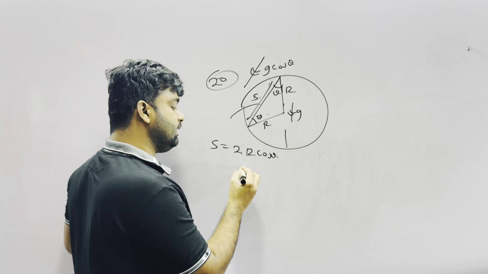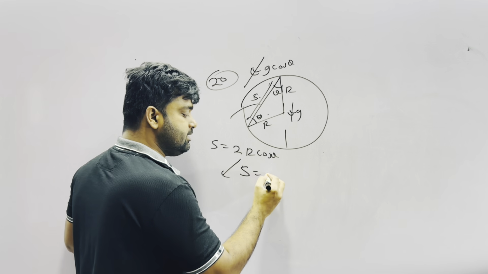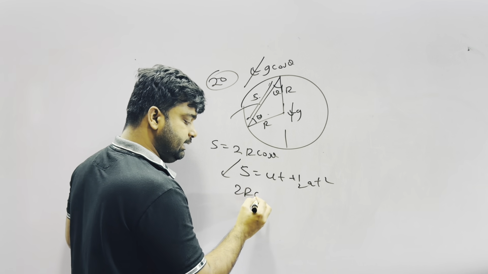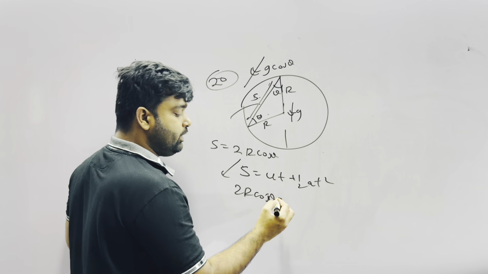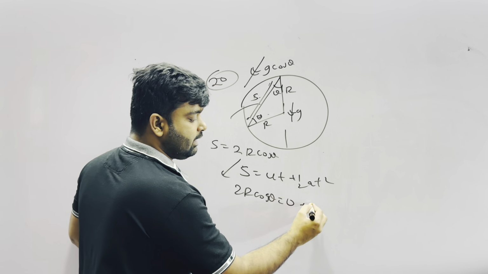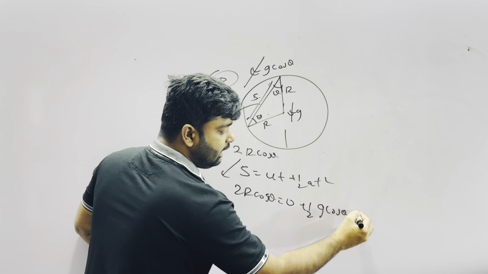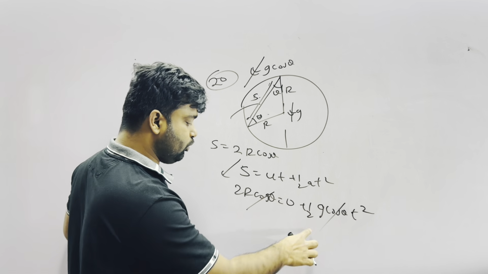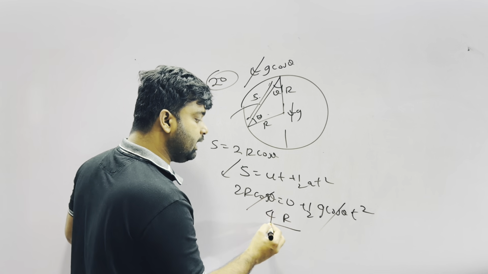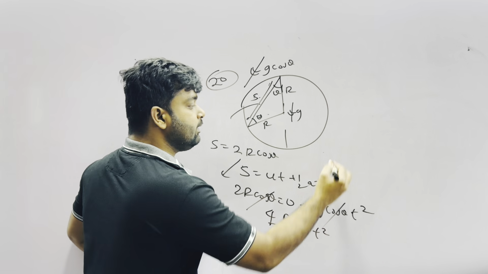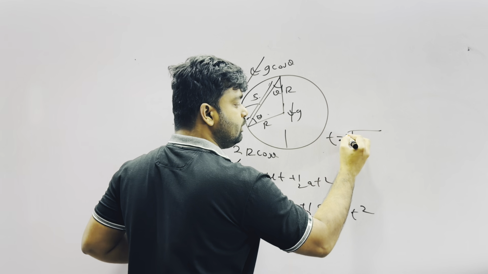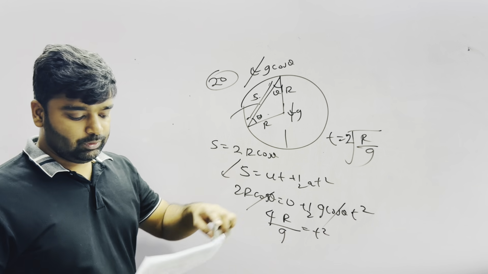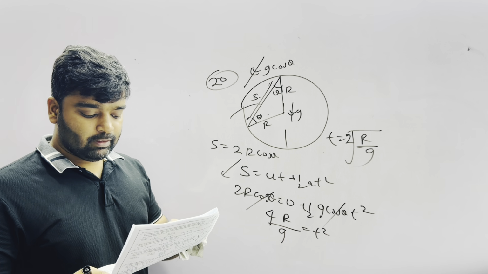The question is time, no? Therefore, you can apply S is equal to ut plus half at square. S is 2r cos theta. U is 0, starting from rest. Half g cos theta into t square. Cos theta and cos theta will be cut off. 2 and 2 will be 4. 4r over g is equal to t square. Therefore, t is equal to root of 4r over g. 4 will come out as 2. Therefore, question number 20, first answer is correct.